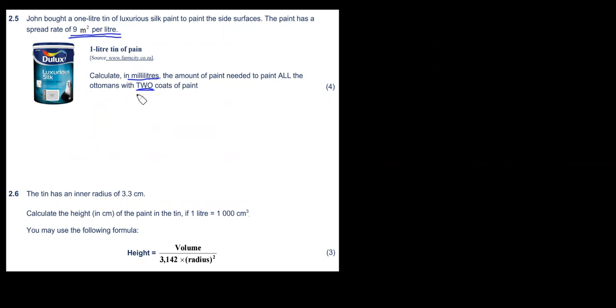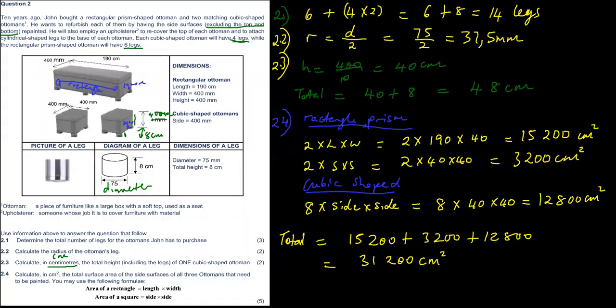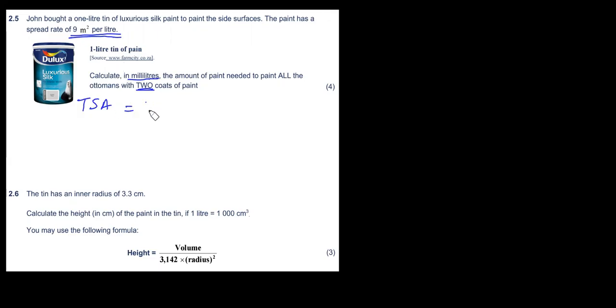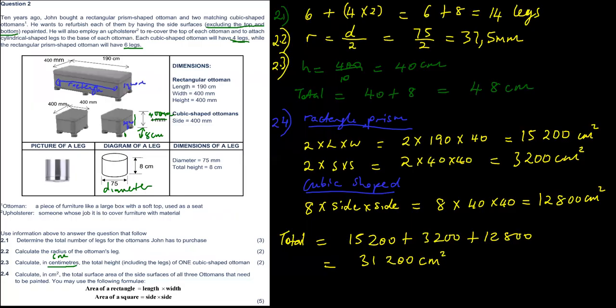So what must we do first? We know that the total surface area that needs to be painted is 31,200 square centimeters.